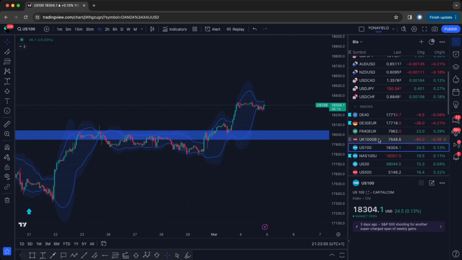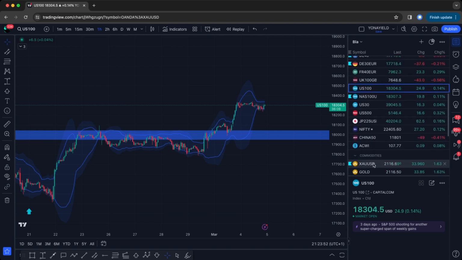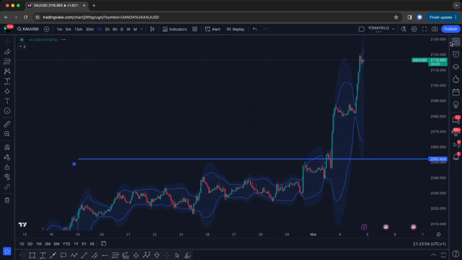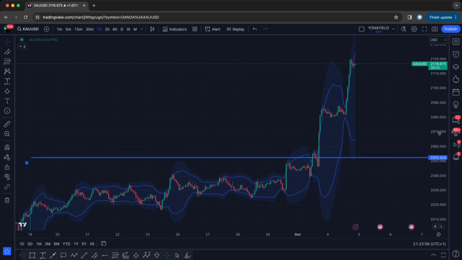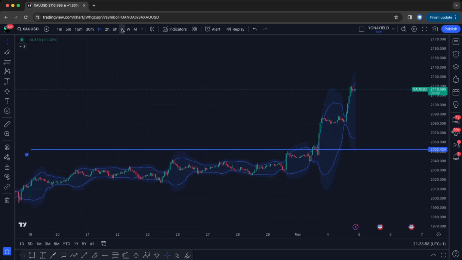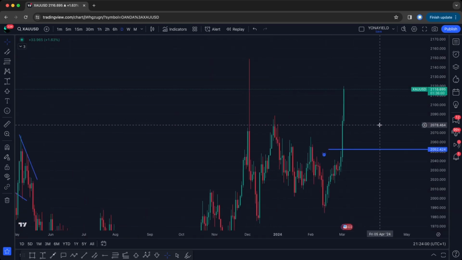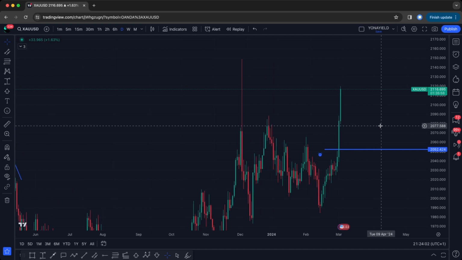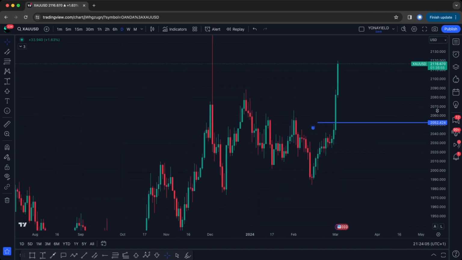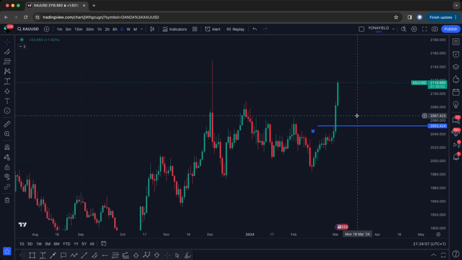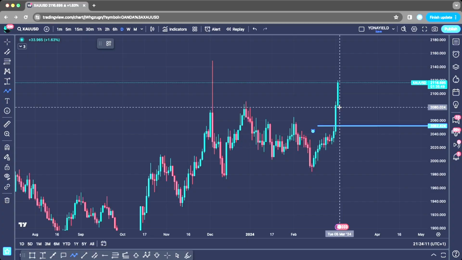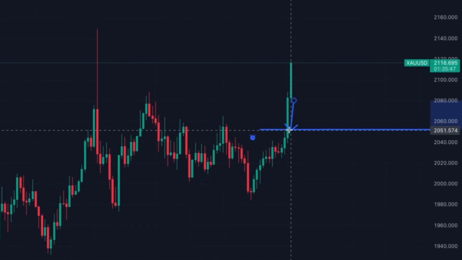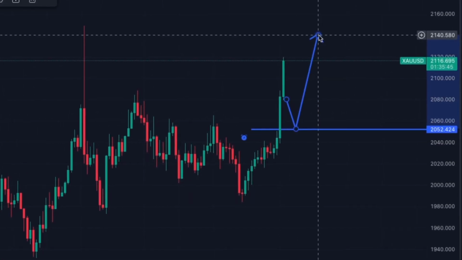Something similar I do have in gold, so let's look at that as the next pair. You can see, guys, I do have a price alarm in here which has never been reached so far this week, because it's just doing a rocket up. So basically with gold, my game plan for this week was: why not retrace this momentum candle and then go up, right?